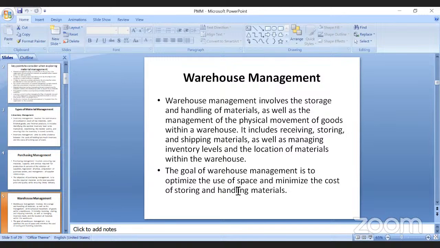Then after production, the finished product has to be delivered to the customers. That means you are managing the warehouse very effectively. That means you have to utilize the space in a warehouse.